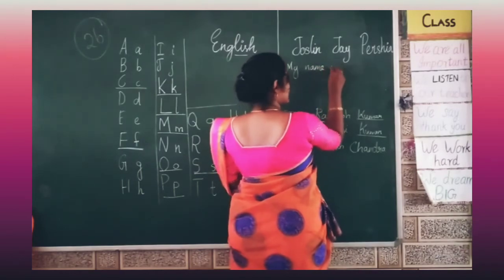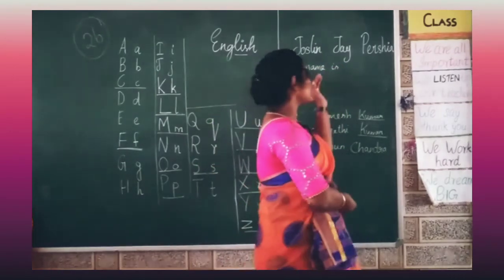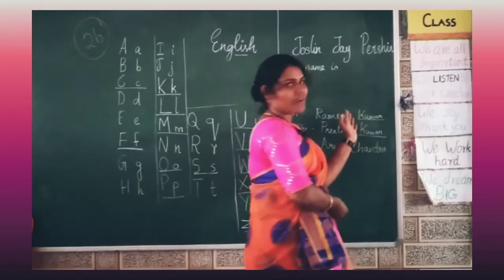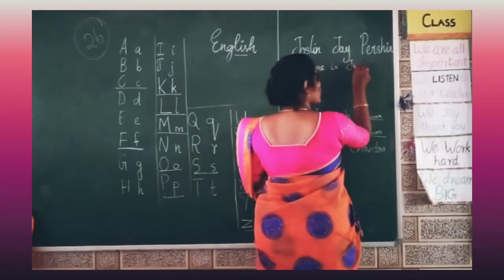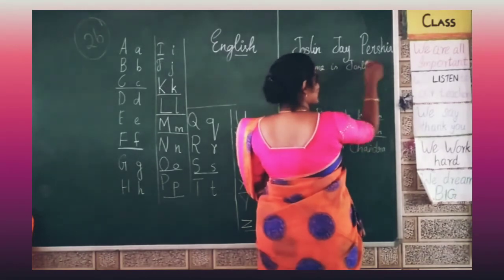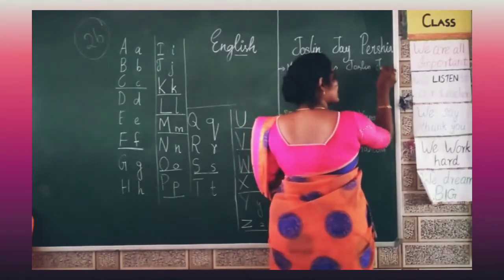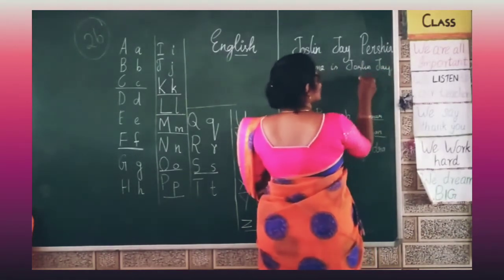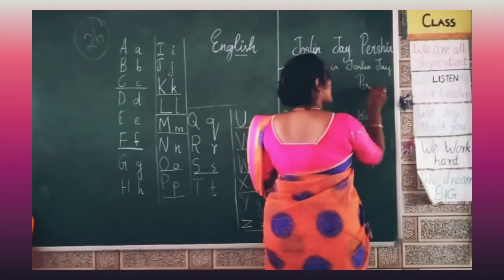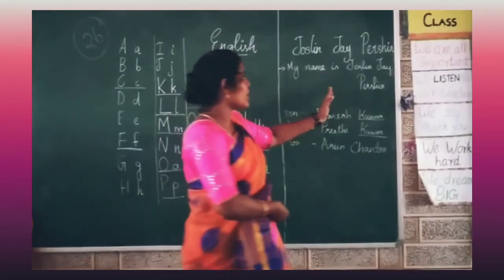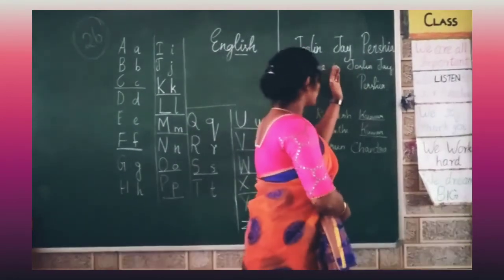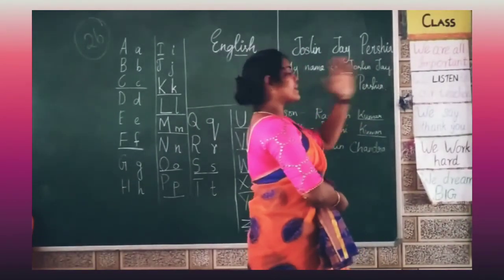My name is. Now it's almost the end, but I have to write my name, right? But you have to start with capital letter Jocelyn and go with small letters. Again capital letter, then small letters, then again capital letter, and then small letters. See, if you are adding your initial, you can add it in front of your name or at the end of your name.